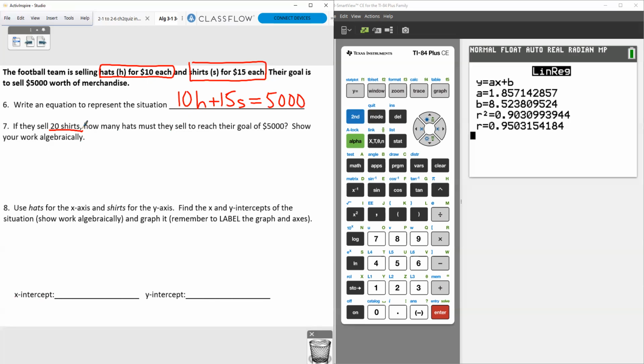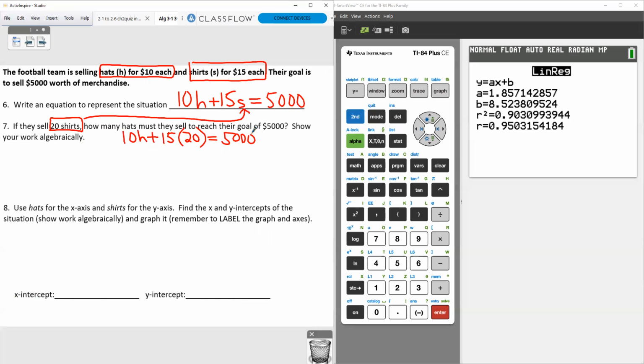If they sell 20 shirts, how many hats must they sell to reach their goal? Show your work algebraically. So what we have is 20 shirts. We want to sub that 20 into the equation. So we're going to have 10H plus 15 times 20 equals 5,000.